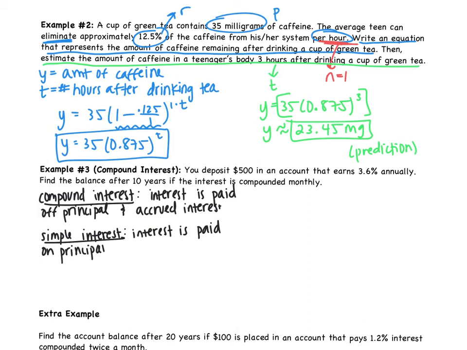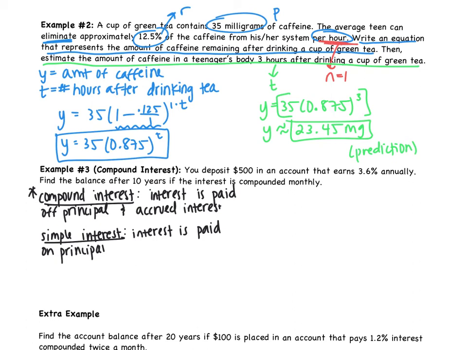So hopefully we can see compound interest, if we're getting it from a bank, is what we want. When the bank's paying us interest, we want that interest to be based off everything that's in the account, including the previous interest. Okay, I don't know if I explained that well. If not, I can explain it again in class. But that's the difference between compound interest and simple interest. We're going to be looking at compound interest.